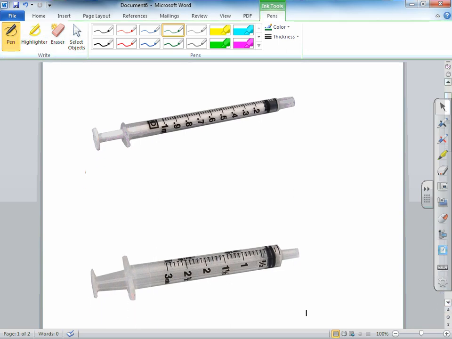Remember the rule of thumb. You are always to use a syringe size that is going to take up the volume. All right, that will be able to take up the volume as much as possible. All right, so a 1 milliliter syringe, we're not going to use that. Why? Because 1 milliliter syringe only fits 1 milliliter. A patient doesn't want to receive 2 injections, so you're going to use a 3 milliliter syringe.